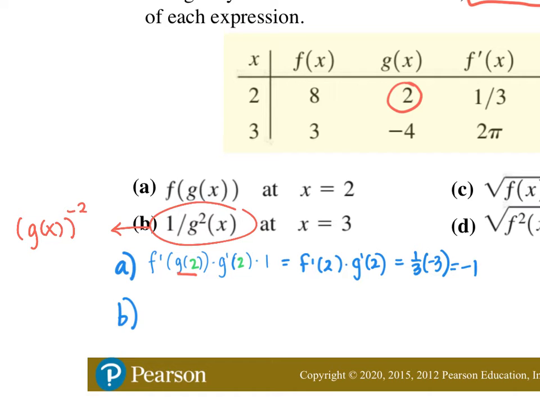Then we're going to take the derivative. So -2 goes in the front because it's the outside power. We're going to leave g of x alone on the inside, and we're going to decrease that to -3. Then we're going to work on the inside, which would be g prime of x, leaving the x alone, and then times 1. Then, once I've finished the derivative, I'm going to plug in the number 3.